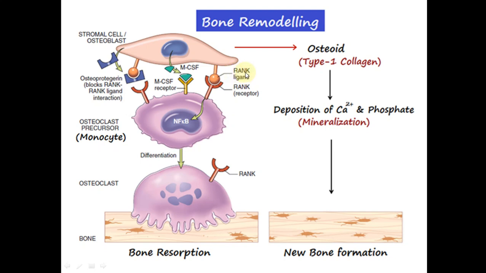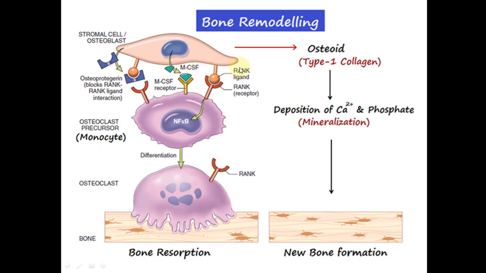the receptor activator of nuclear factor kappa B, secreted by the osteoblast, will bind to the RANK receptor on the osteoclast, and at the same time the macrophage colony stimulating factor will bind to its receptor on the osteoclast precursor, the type of macrophage that develops into the osteoclast.